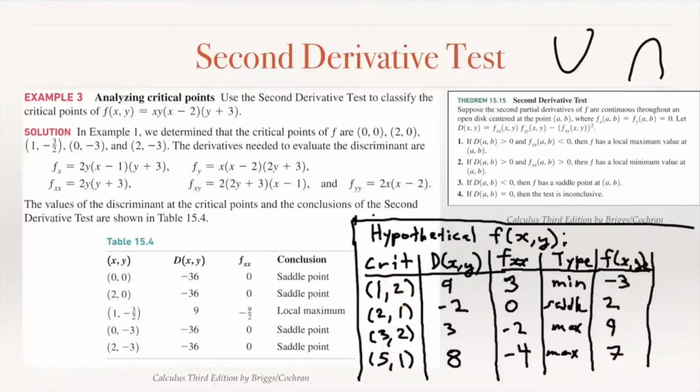Then minus 3 would be the absolute minimum occurring at 1, 2, and the 9 would be the absolute maximum occurring at 3, 2. The 7 would be a local maximum, but not an absolute maximum. And the 2 there is just the value of the saddle point, which is never going to be a local min or a local max.